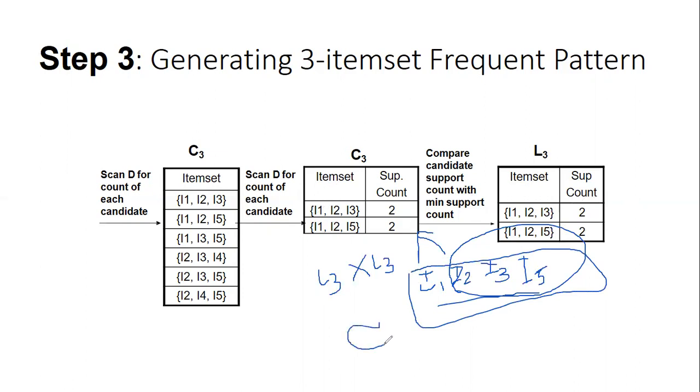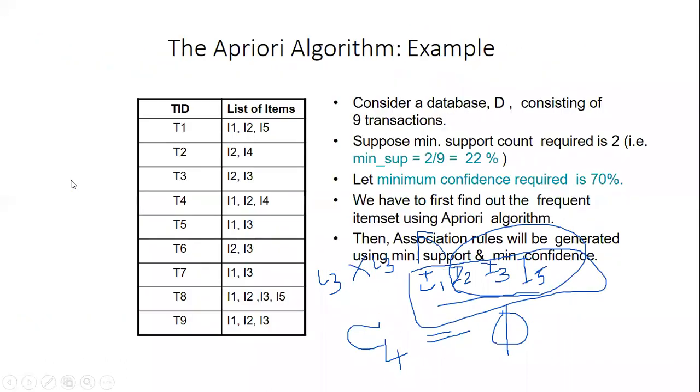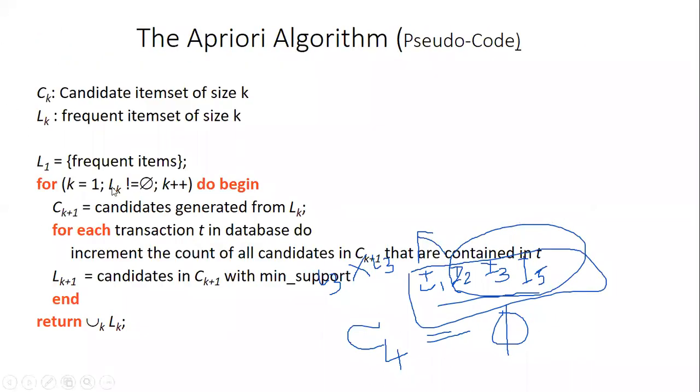So we conclude that C4, the 4-itemset, is null. When it is null, we have to stop here. What the algorithm says is that when Lk is null, we have to stop the iteration. So C4 is null, we stop here.